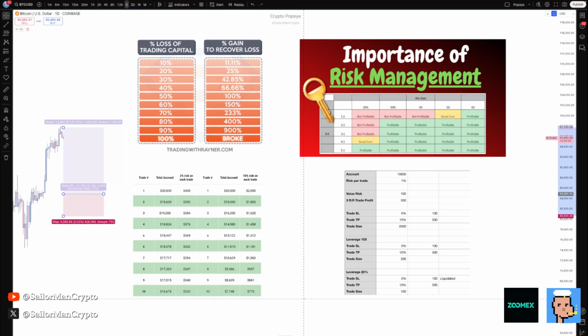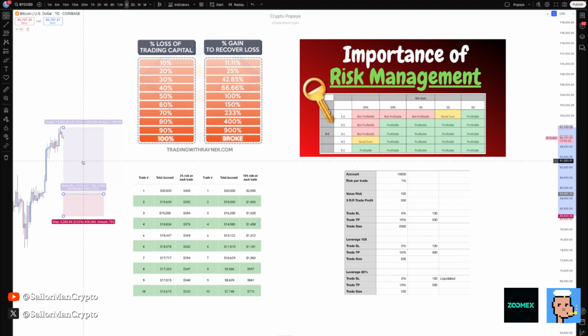If you take on average 3-to-1 risk reward trades, your take profit will be $300. That is 3% of the $10,000 account. So let's try to imagine that we take this trade that I put here.